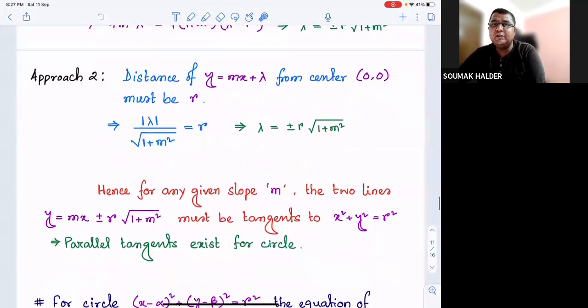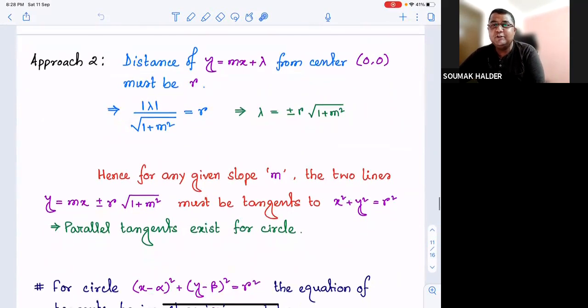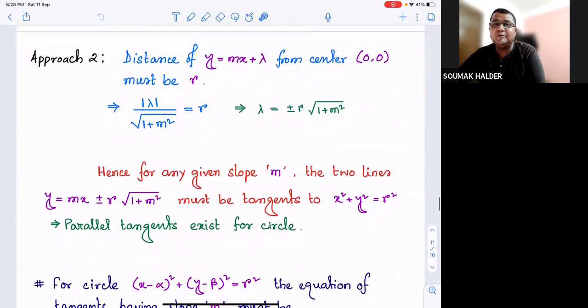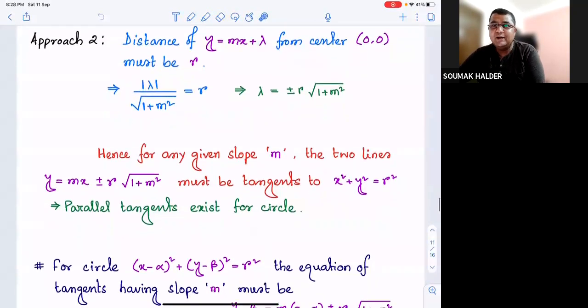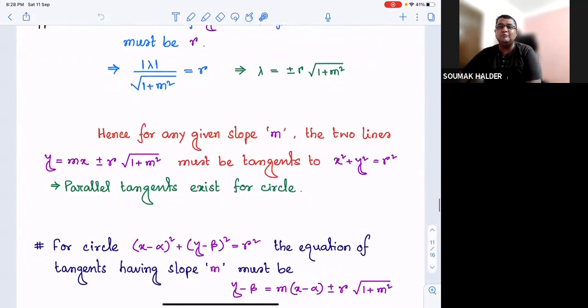Moreover, as soon as we have decided on that simplest form of circle to have the equation of tangent when the slope is given to be m, we have found the equation as y is equals to mx plus or minus r into root over 1 plus m square. So if we think of this circle, x minus alpha whole square plus y minus beta whole square is equals to r square, it's a parallel shift of origin to alpha comma beta, and hence the new equation of tangent with slope m can be found by replacing y with y minus beta and x with x minus alpha.